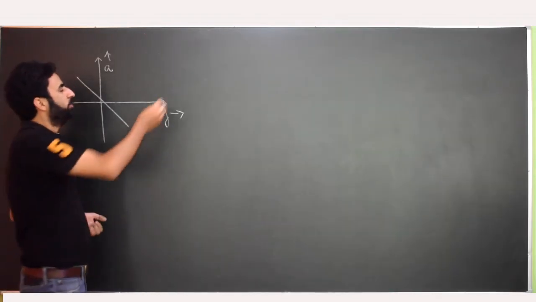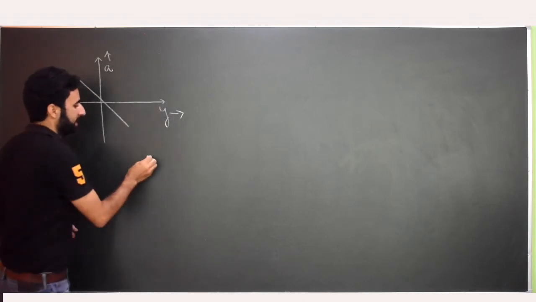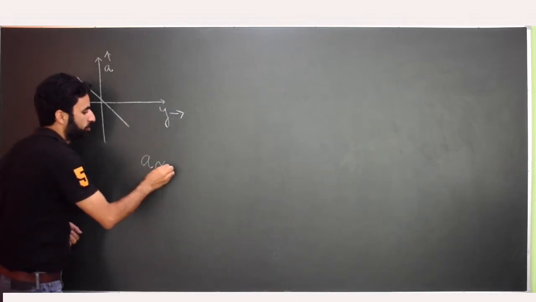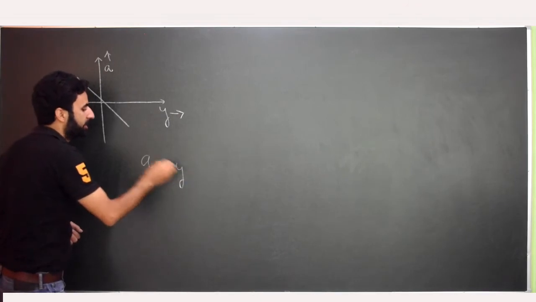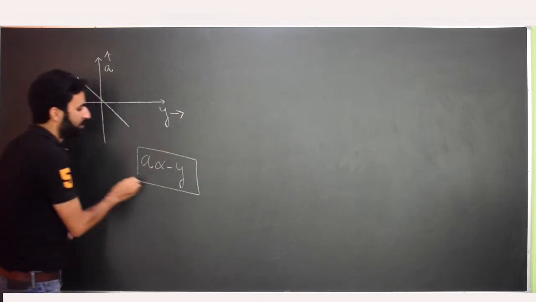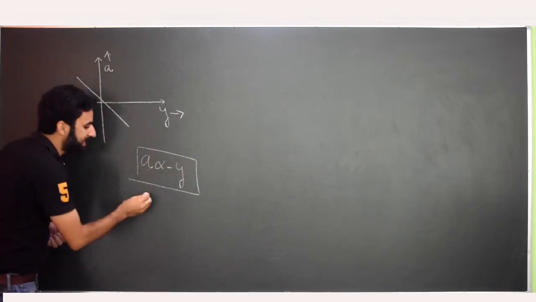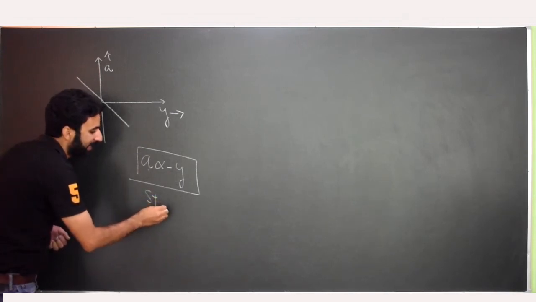Okay, we got expression for acceleration like this: a is proportional to minus y, which means the graph between acceleration and y is linear. It will be a straight line.